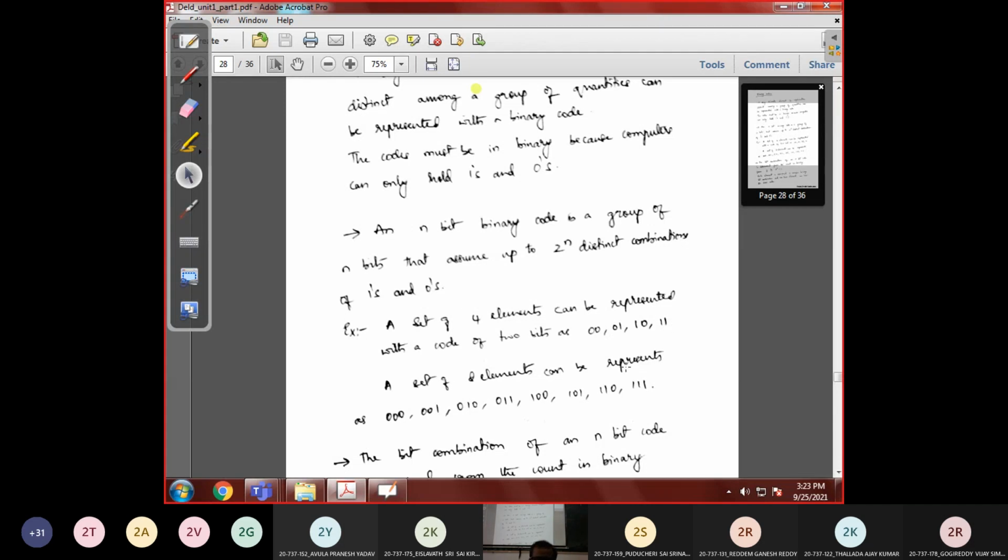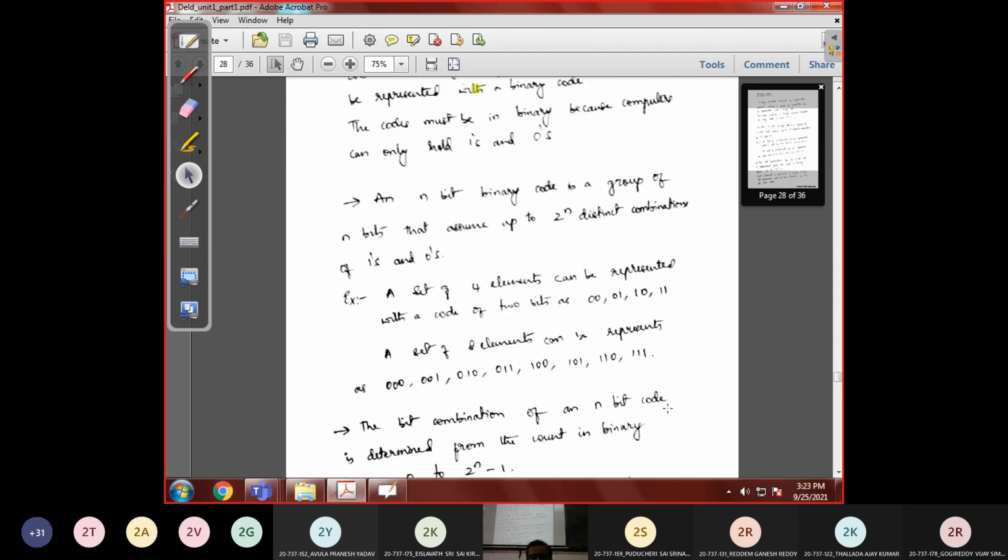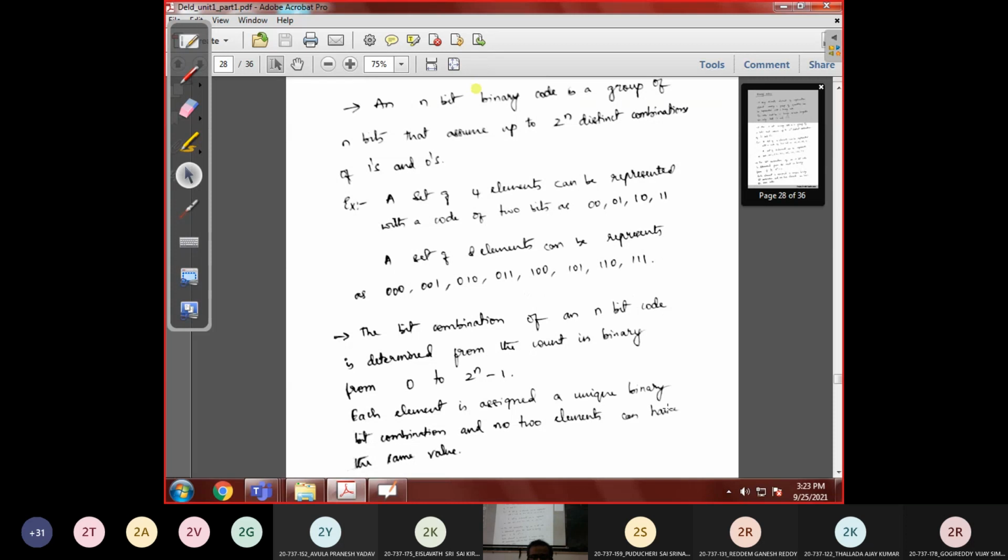If you have a set of 8 elements, the first element can be represented as 3 zeros, the second as 0, 0, 1, the third as 0, 1, 0, the fourth as 0, 1, 1, like that. Am I clear, guys?